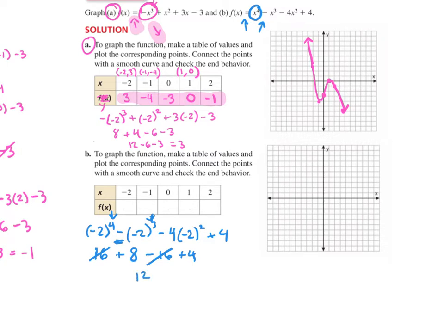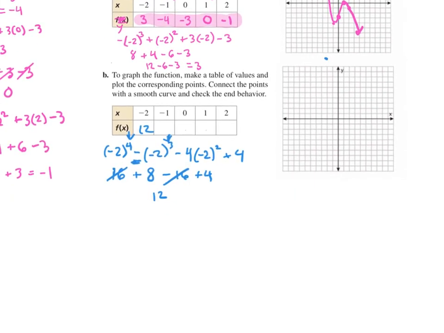So when we plug in -2, we get 12. So we go to the left 2 and up 12. So it would be there. Our graph only goes to 10, but we can just go a little bit off the chart.